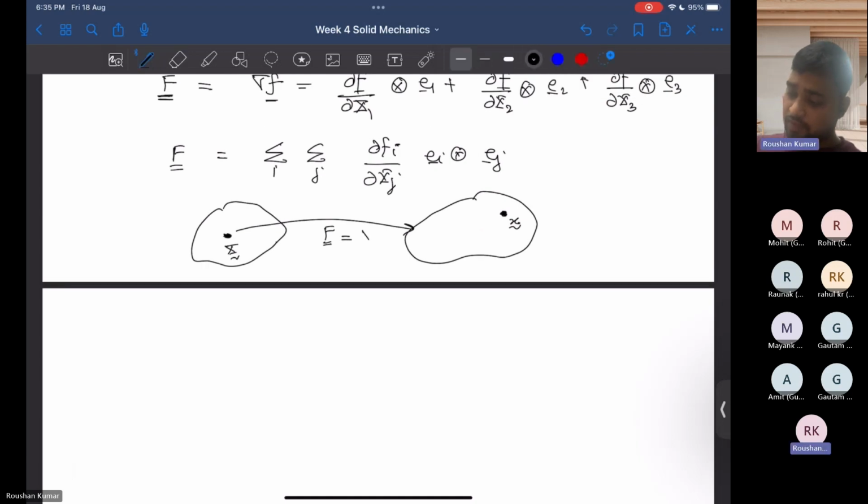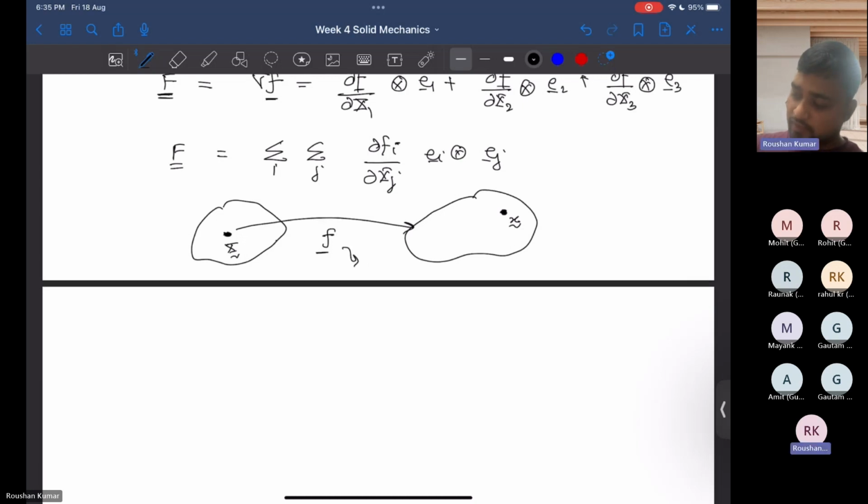Here we can define one function f, also called the deformation map, which maps the undeformed coordinate into the deformed one. If we take the gradient of f with respect to undeformed coordinates, we find the deformation gradient tensor.